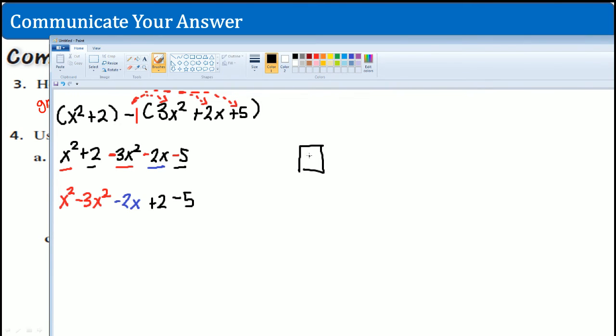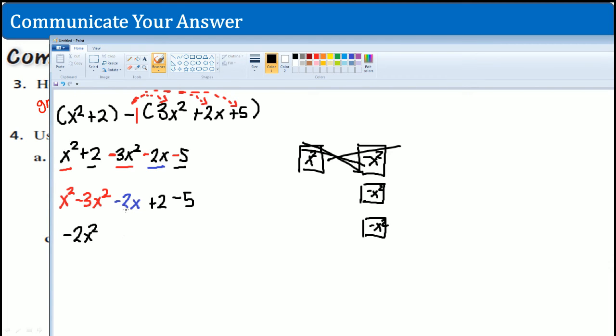Then you had the negative x squared, and you also have a negative x squared here. So these two cancel out. What you're left with here is just negative 2x squared.